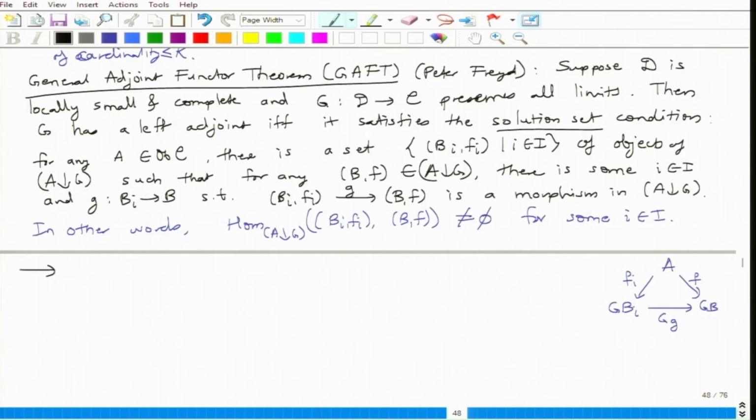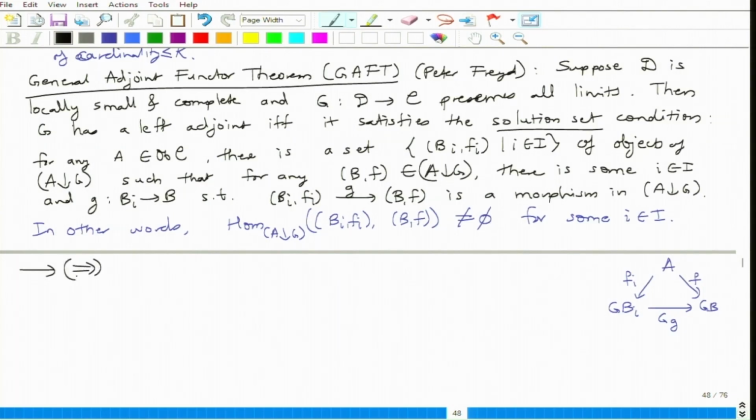Now one side is very simple. Can you tell me how? Suppose G has a left adjoint, then why will it satisfy the solution set condition? Image of GA.